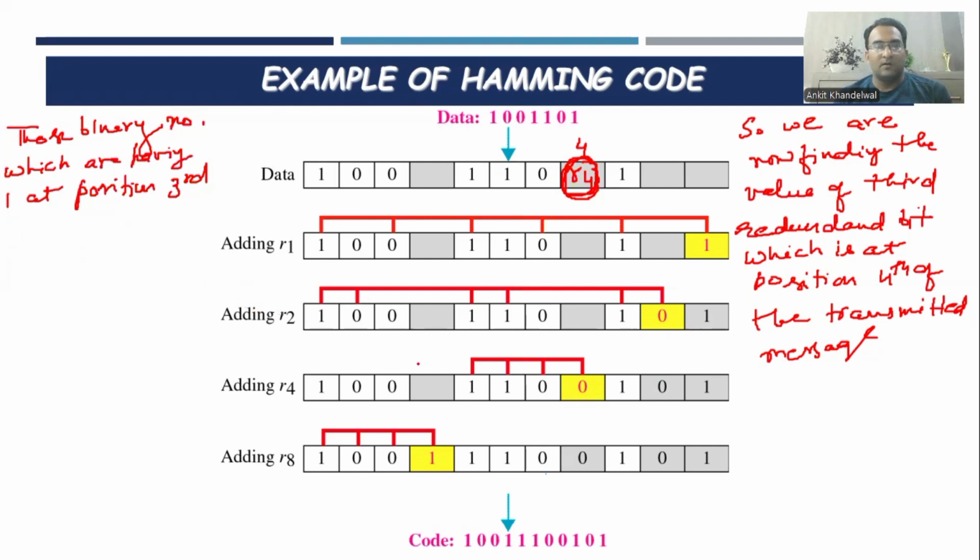fourth, binary value 0 1 0 0, 5 is 0 1 0 1. Then we have 6 also, 0 1 1 0. Then we have 7 also, 0 1 1 1. Okay, all these are 4, 5, 6 and 7.